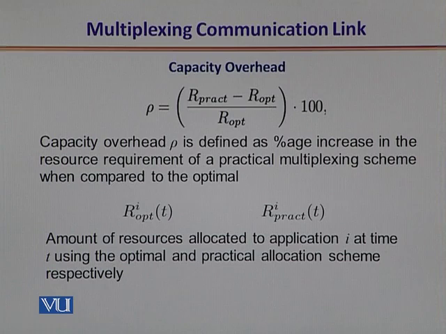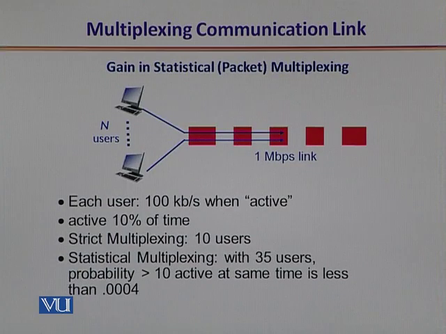In case the practical allocation is as good as the perfect optimal resource allocation, the capacity overhead is going to turn out to be 0. And it is going to reach a maximum value if the difference between the practical and the optimal resource allocations is higher.